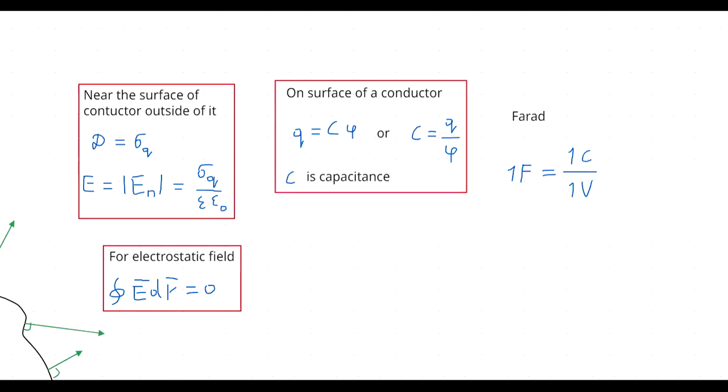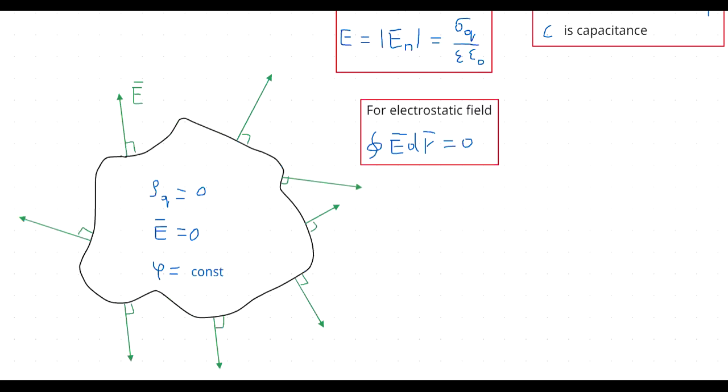And what will happen if we have an isolated conductor, and you place another conductor near it?